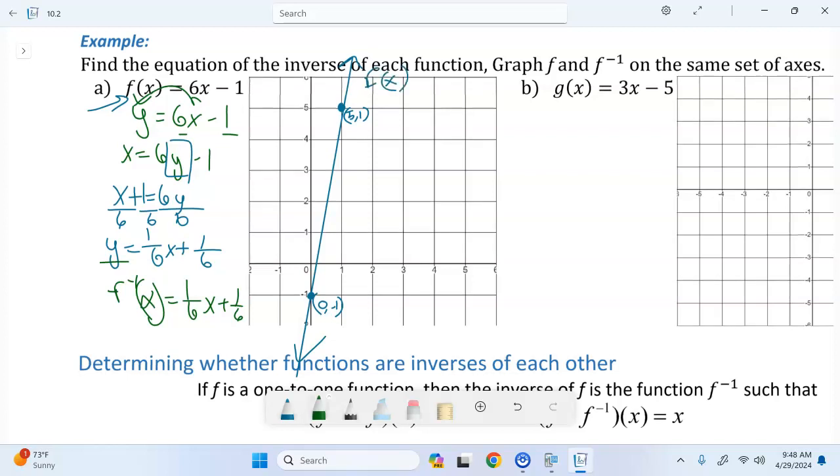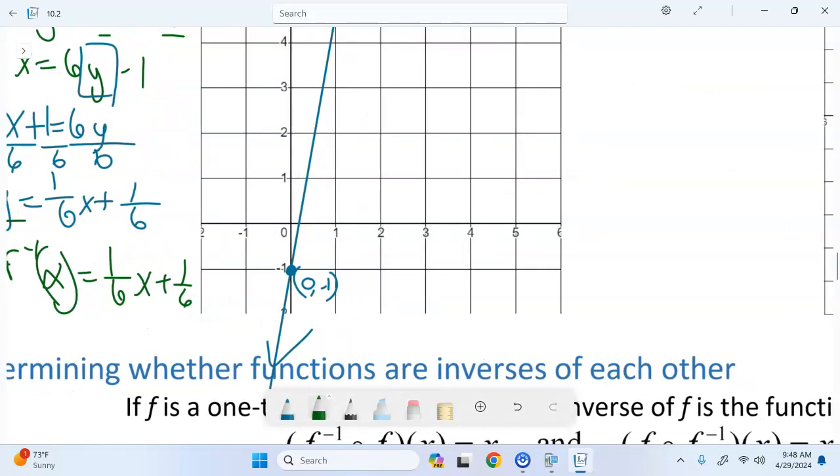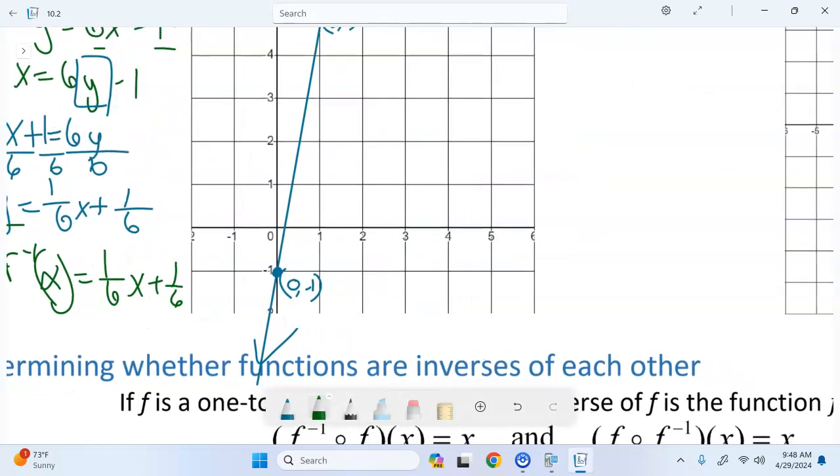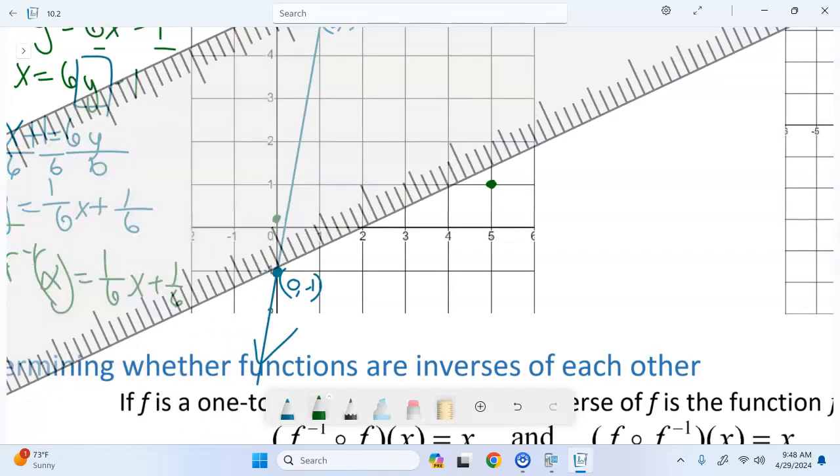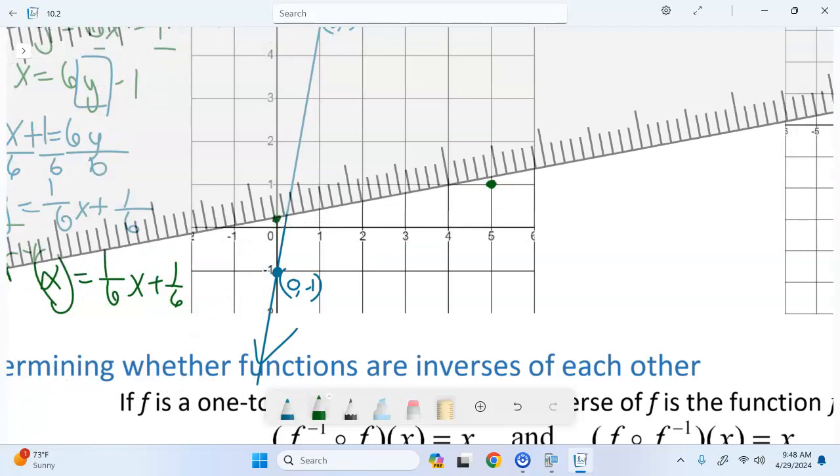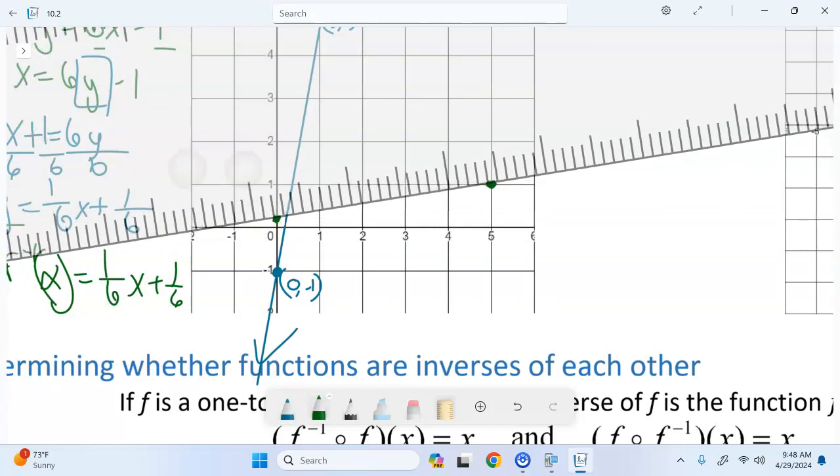Okay. Now let's graph the inverse. Where do we start? Where's our y-intercept? 0, 1/6, right? Okay, how do I get to my next point? A line goes in both directions, so it's just whatever the slope tells us.